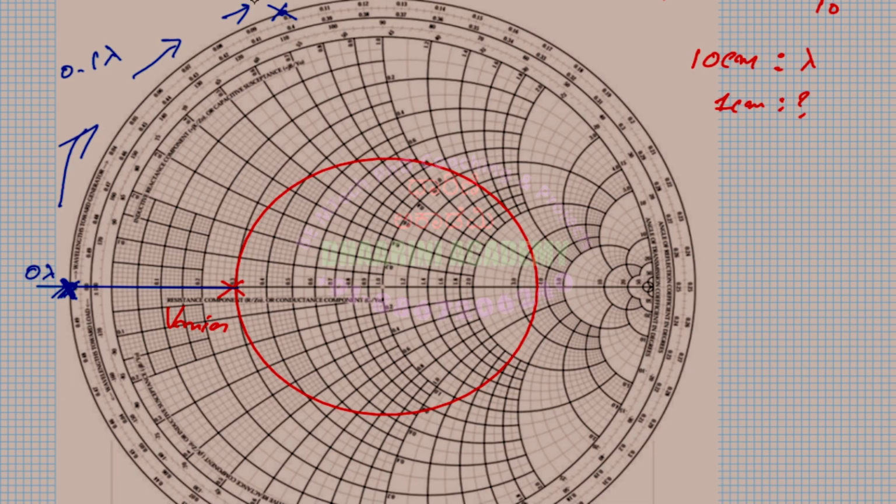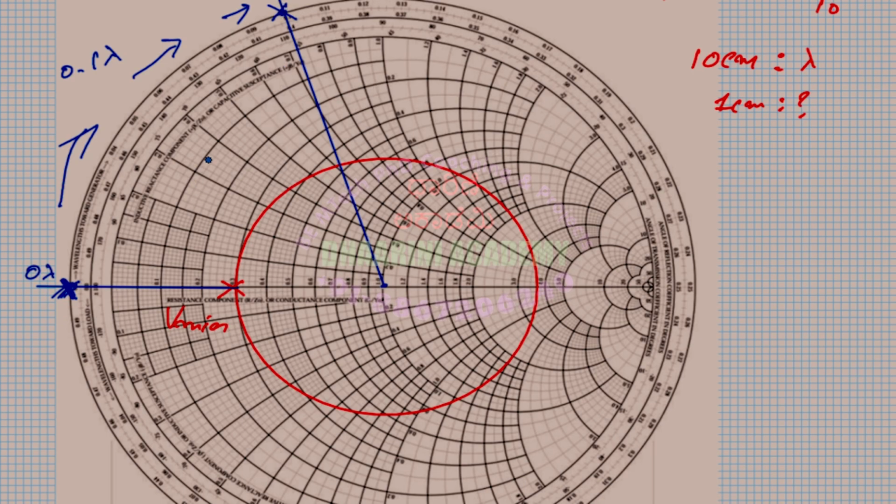So simply connect that point to the center. Is it okay? Approximately, maybe this is how it's going to look. Okay, so I connected that point with the center.